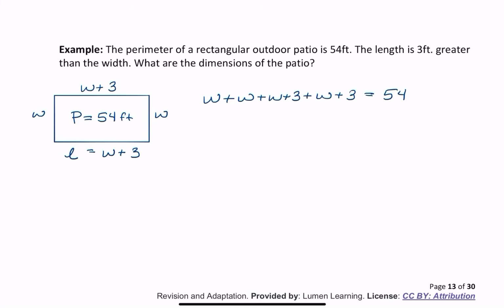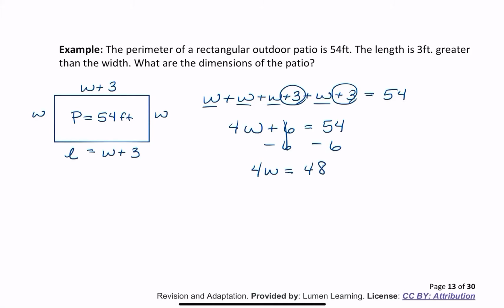That's your perimeter. Combining like terms, I've got 1, 2, 3, 4 W plus 6 equals 54. I'm going to subtract 6 from both sides, and then divide by 4, which gives me a width that equals 12.